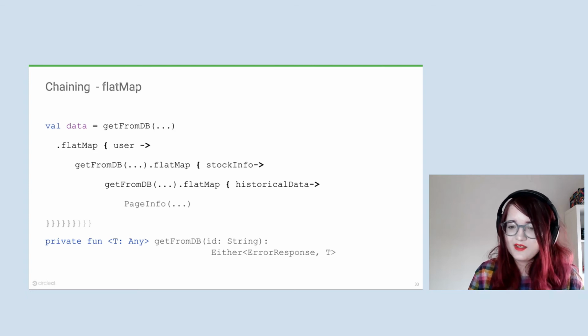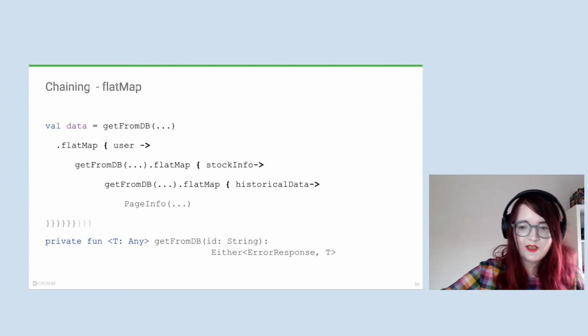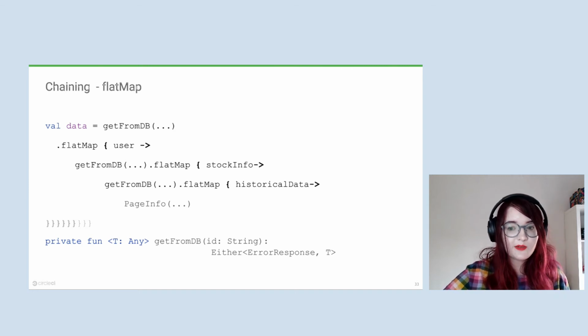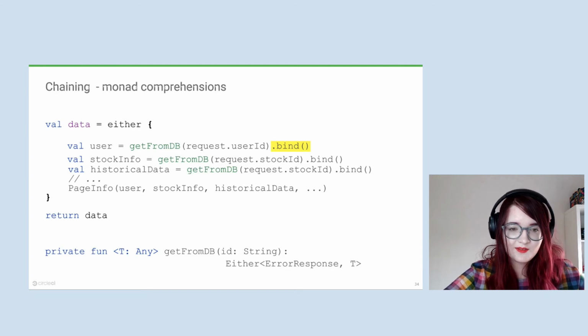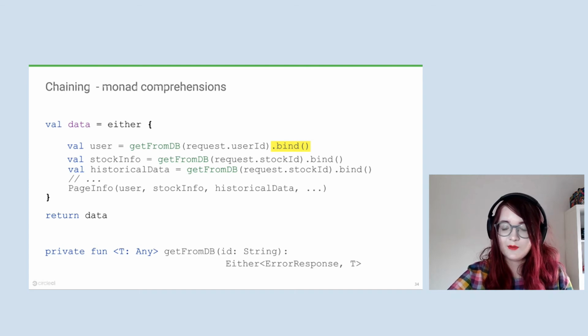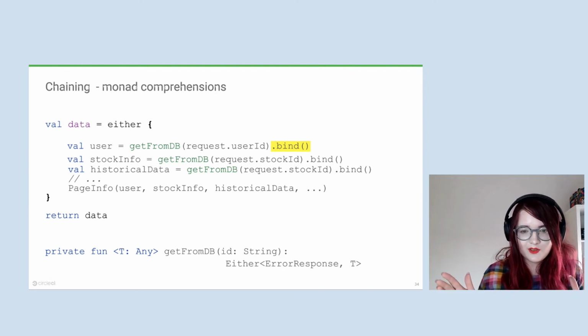And since everything shares the same context of either, in Kotlin, we can rewrite it using the pattern called monad comprehensions. As you can see on this slide, instead of writing a flat map everywhere, we are saying, okay, our common context is either, and we are doing everything in the either block.